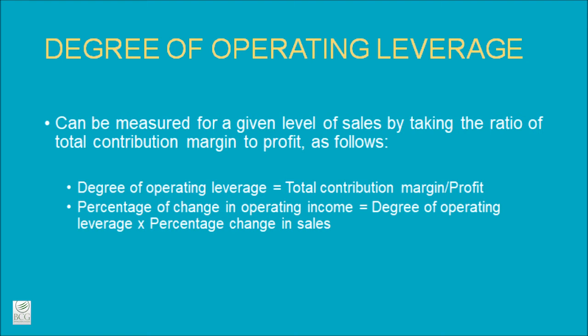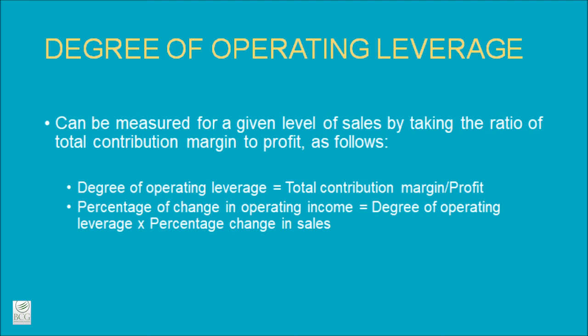Financial analysts use this valuable piece of information to quickly determine the impact of a percentage change in sales on operating income. In other words, how your income will increase with a relative increase in sales is expressed by the degree of operating leverage.